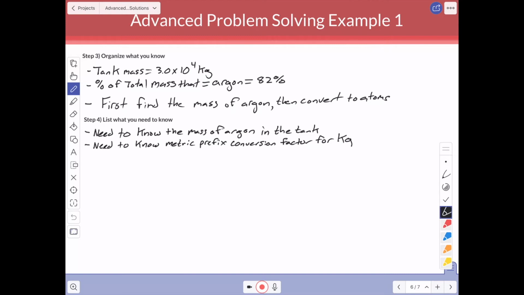For kilograms to grams, right? Now, if I'm going to convert from grams to atoms, I'm going to need the periodic table.